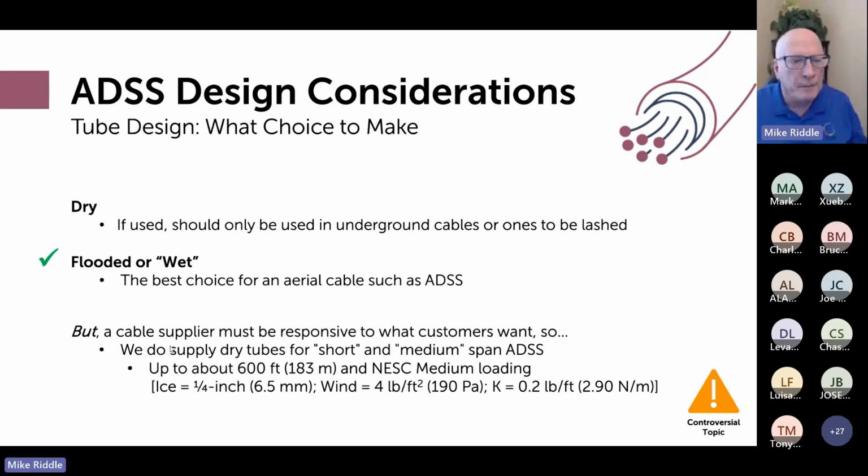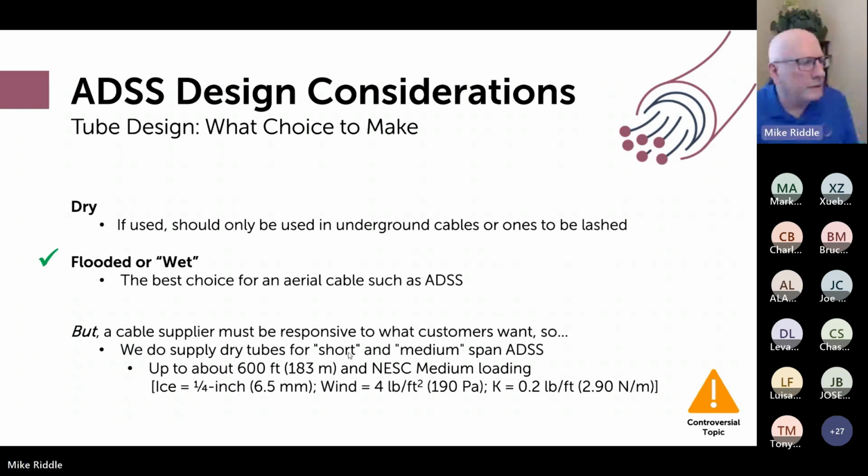So we try to make the best dry tubes available in the world today, and we do use them, but we limit them when it comes to ADSS for short and medium span cables only. So how do I define that? I mentioned before, kind of a vague term, but I'll put some boundaries on it. Up to about 600 feet, you've seen that number before, NESC medium loading or equivalent. So a moderate amount of ice and wind only.